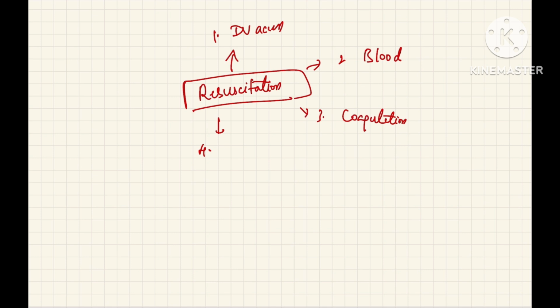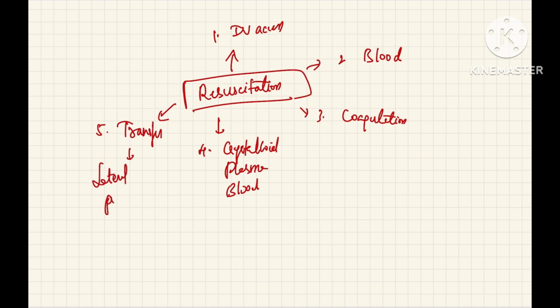Fourth, fluid resuscitation with crystalloid, plasma, and blood. Fifth, transfer the patient in lateral position. And sixth, sedation. Do not sedate this patient heavily due to the fear of loss of protective airway reflexes.